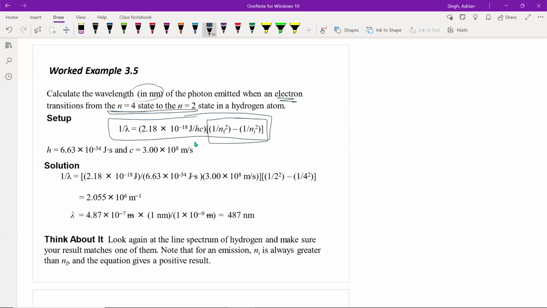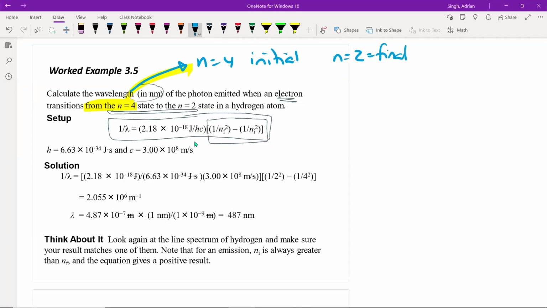In order to figure out what nf and ni are, we need to ask ourselves, where are we transitioning from and where are we transitioning to? So it goes from the n equals 4 state. What that means is this is my initial. N equals 4 is initial, that's where we're starting from, which means n equals 2 would be final.